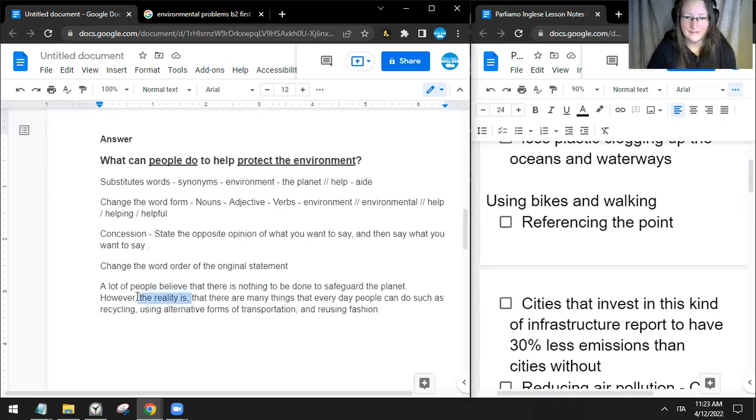However, there are many things that everyday people could do, such as recycling, using alternative forms of transportation, and reusing fashion that can protect the environment. Yeah, maybe I'll just leave it.